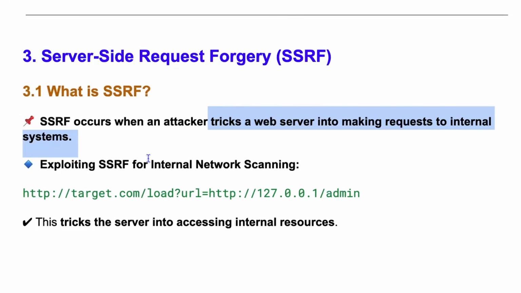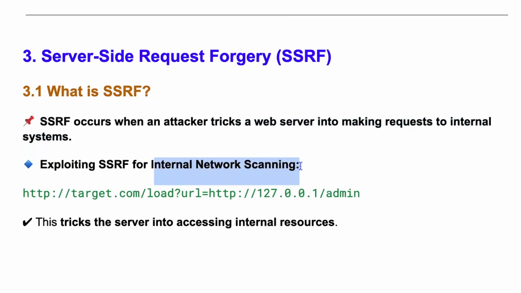To exploit SSRF for internal network scanning, you would submit something like this. You have the actual website itself, and then the parameter that we're submitting to it, which in this case is the URL parameter. A lot of times you can actually see it in the URL at the top of the browser, that is trying to load another URL.